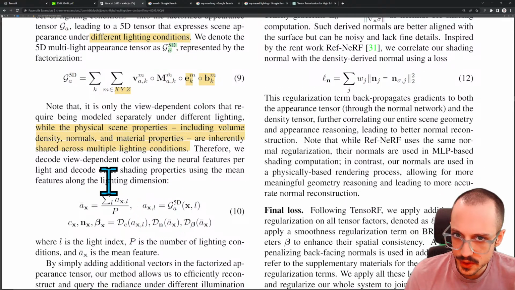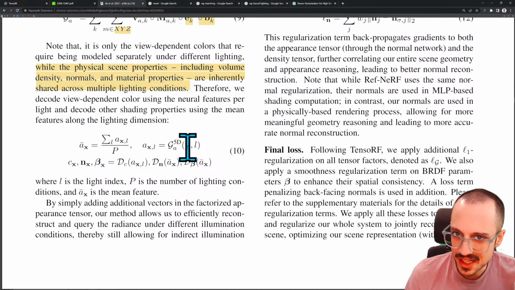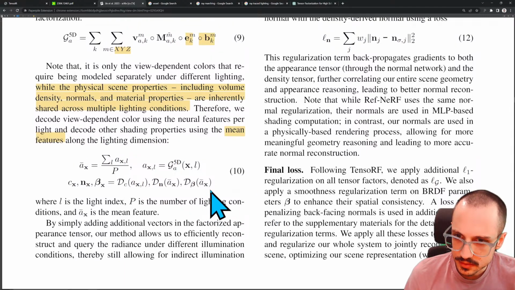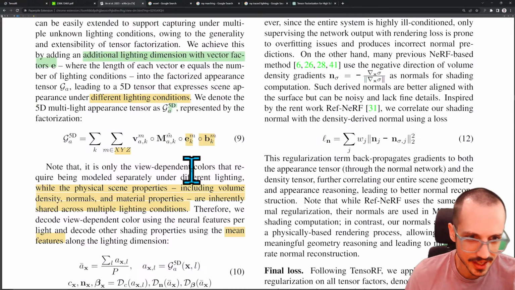Therefore, we decode view-dependent color using the neural features per light and decode other shading properties using the mean features along the lighting dimension. So they're still doing this interpolation, which, I don't know how I feel about. It depends, it allows you a trade-off, right?